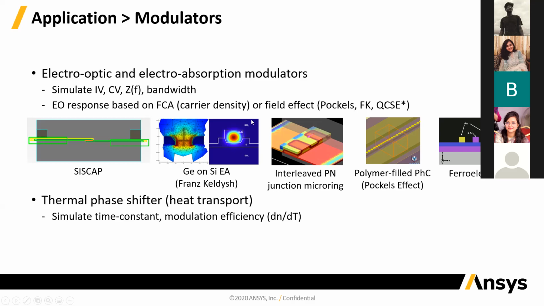And so you can change the phase of the light. You can make the waveguide more lossy by applying a voltage. And with a solver like charge and an optical solver, you can capture those effects and design these devices.